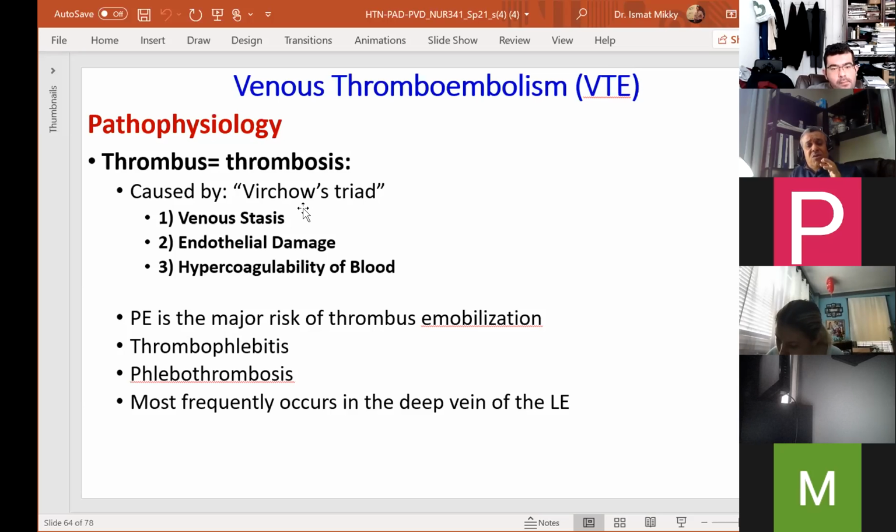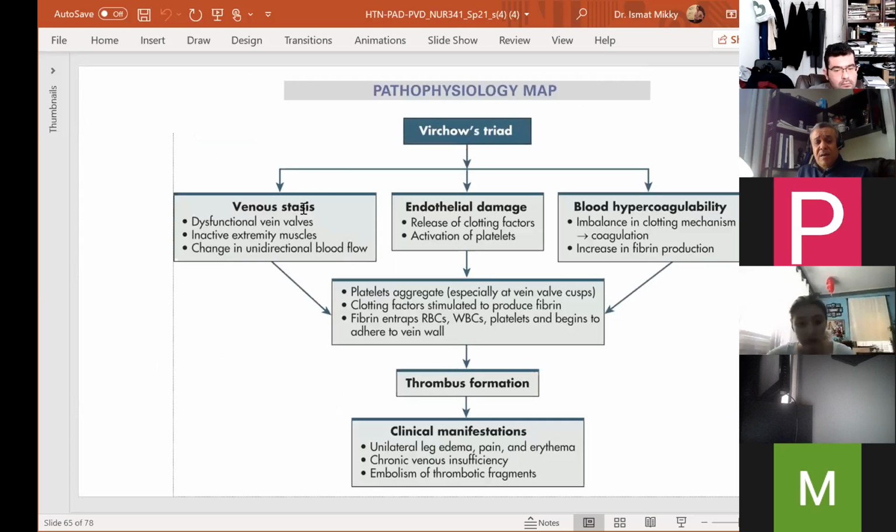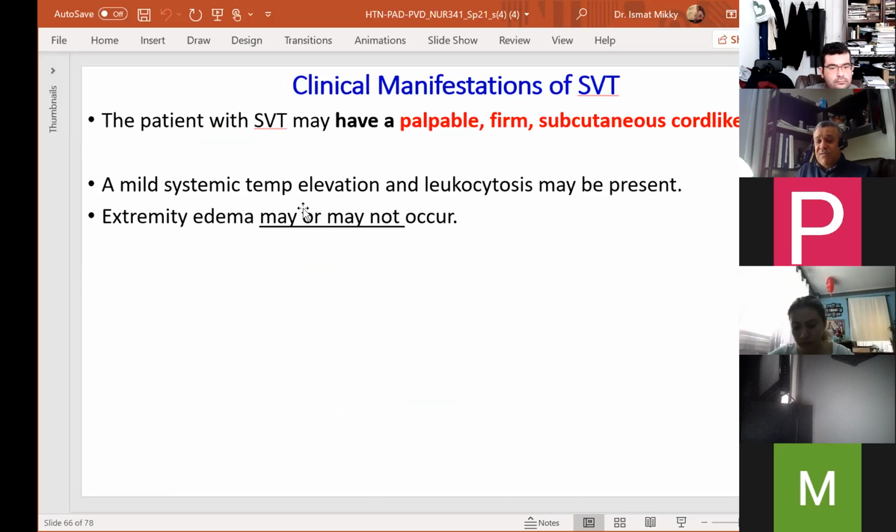Under each of these factors, you will find a lot of discussion in the pathophysiology on why a patient would develop a blood clot. We don't have enough time to go over it, so I recommend that you understand the pathophysiological foundation from the patho course.